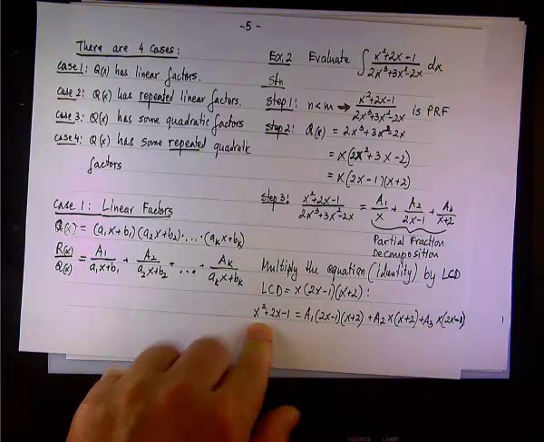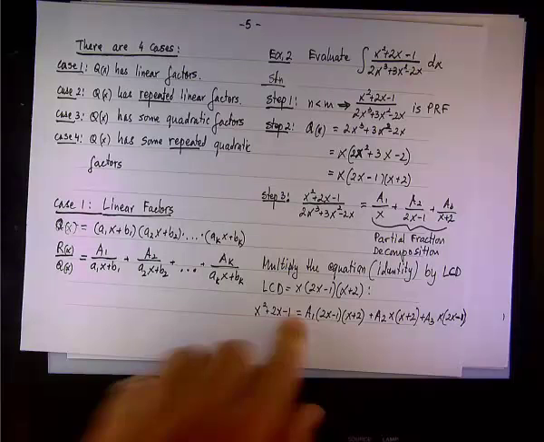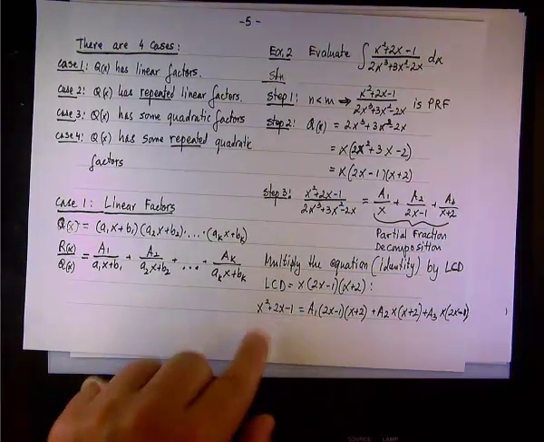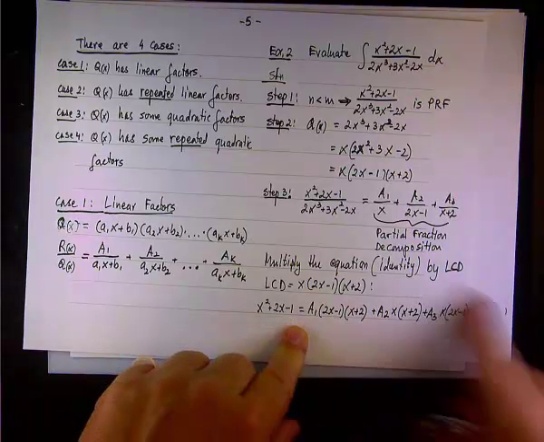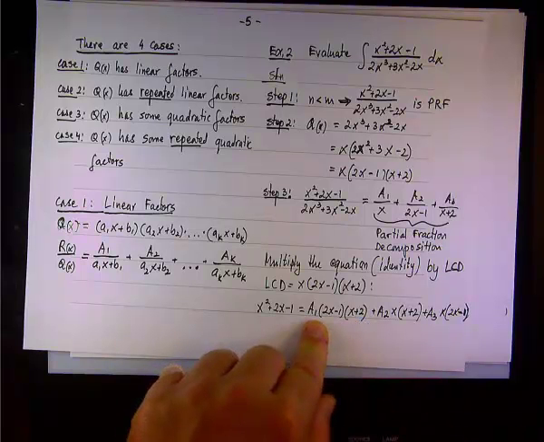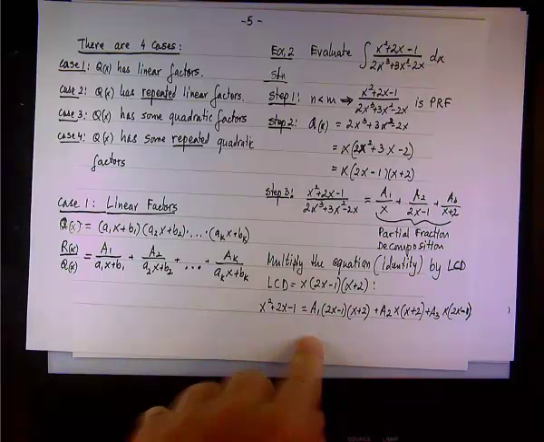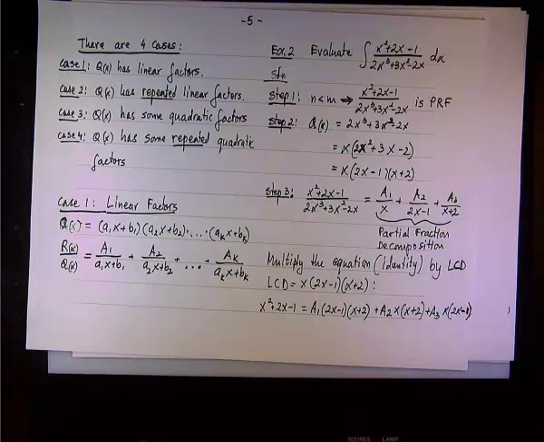The next step is solving for A1, A2, and A3 by a technique called comparing the coefficients. Okay, on the left side, we have 1 multiply x squared, 2 multiply x, and negative 1 multiply 1. So the coefficients of this trinomial on the left will be 1, 2, and negative 1.